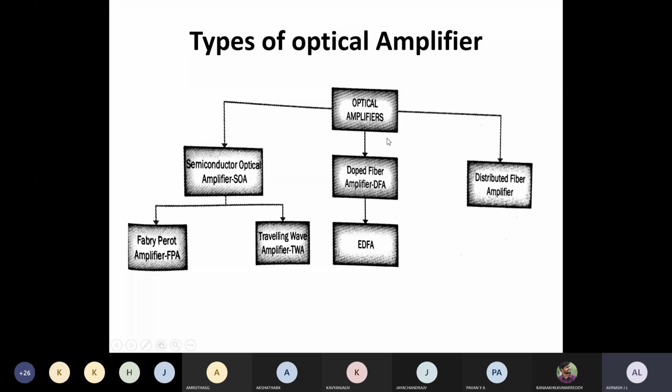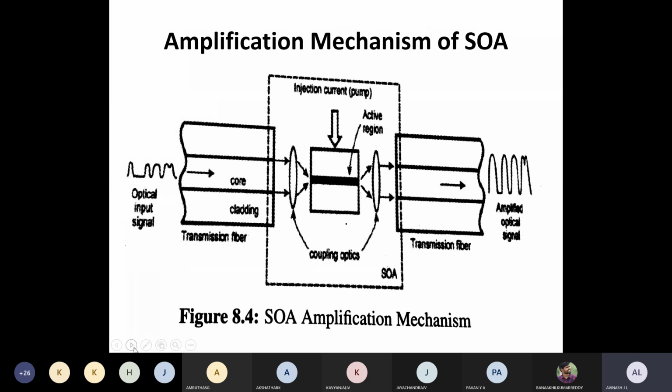After understanding these types of optical amplifier, we can go to the SOA amplification mechanism. In the last class we discussed how it works, and how the coupling optics guide the wave. Guiding the wave means it goes to and fro.